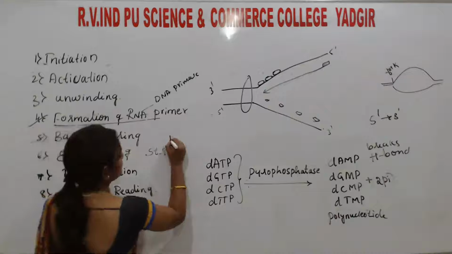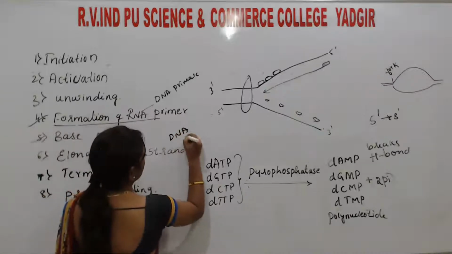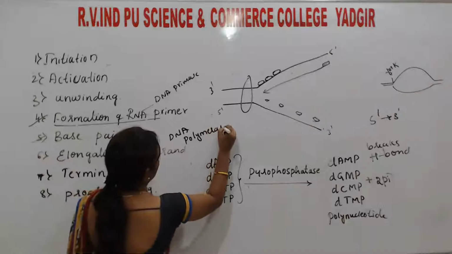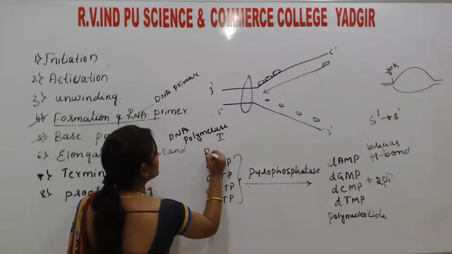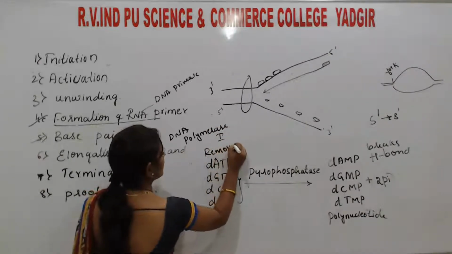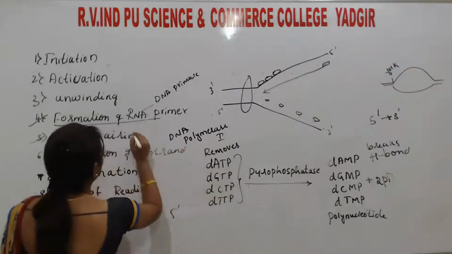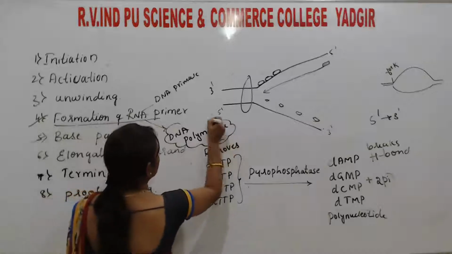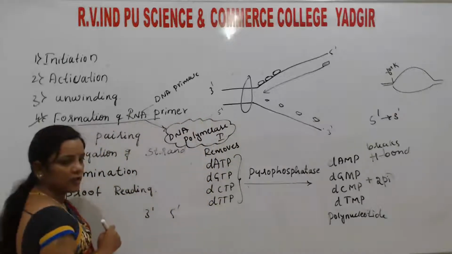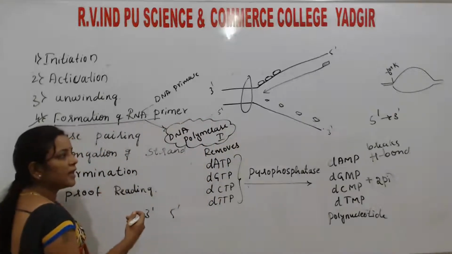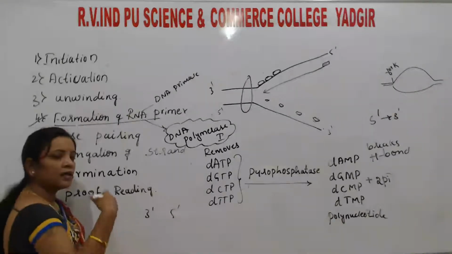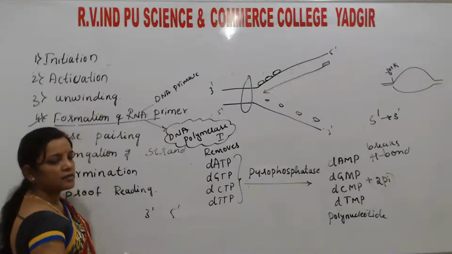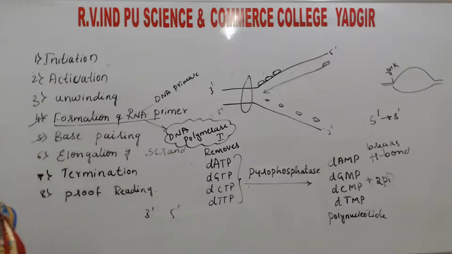DNA polymerase 1 removes the RNA primer. We have already discussed the enzymes. Once the strand has been created, the RNA will disappear; RNA should be removed by the enzyme DNA polymerase 1.